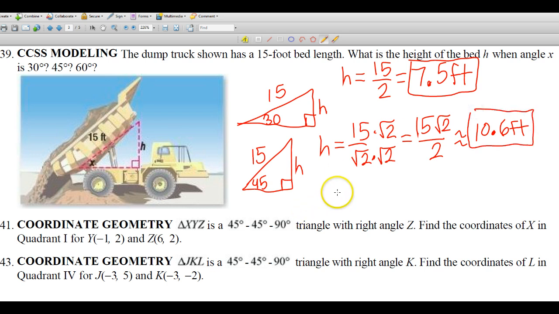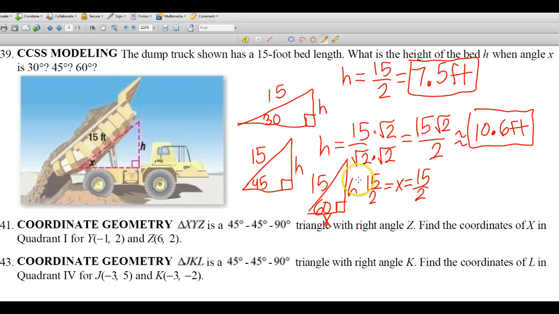And then in our last case, if it's 60 degrees, we know the hypotenuse is 15. So first we have to find the short leg. So we'll call that x. So to solve for x, we take half of the hypotenuse, which we can just leave as 15 over 2.